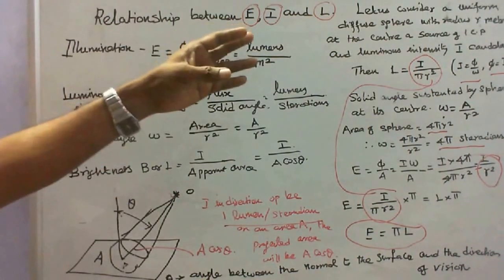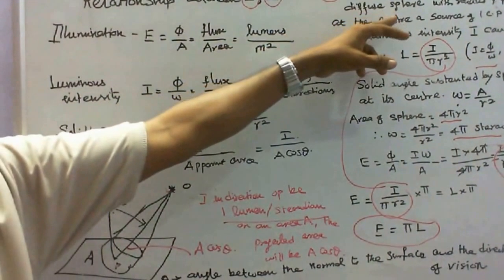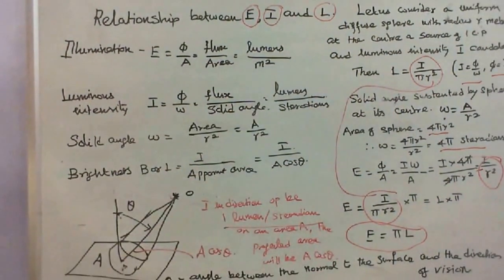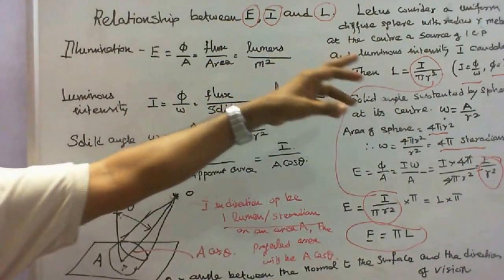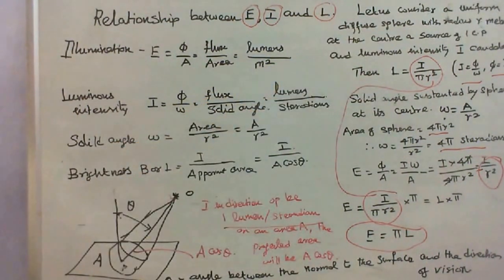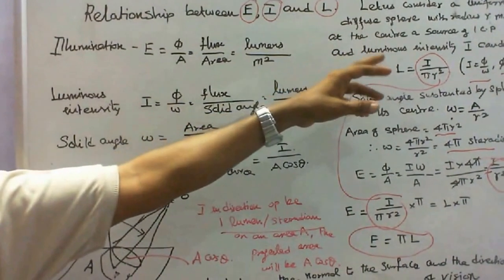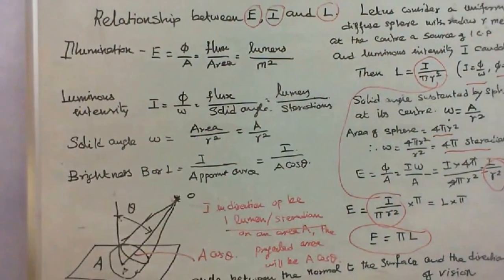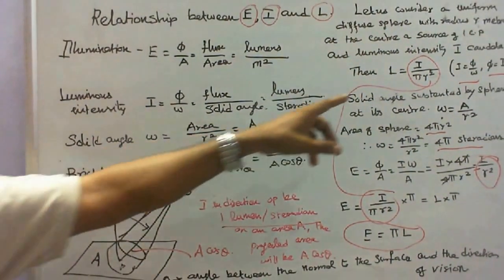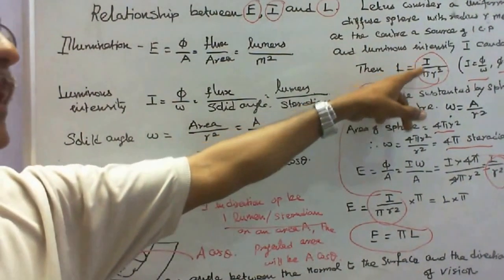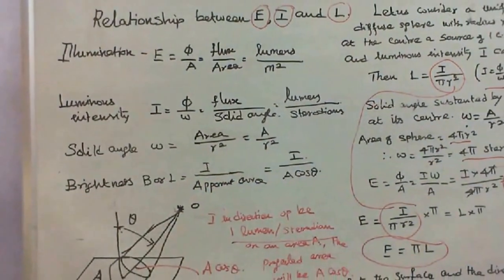Let us consider a uniform diffuse sphere with radius r meters. At the center, a source of 1 candle power and the luminous intensity I is equal to I candela. Therefore, brightness L is equal to I by pi r square.